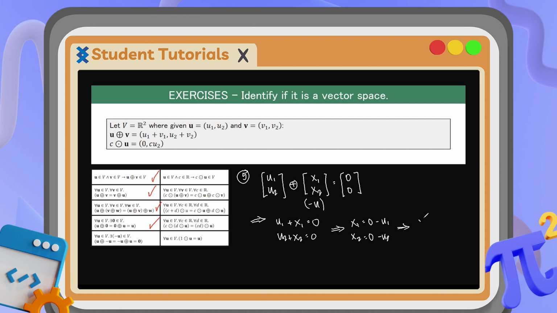Our final answer there would be negative u sub 1 and negative u sub 2, which means that a negative vector does exist, and that negative vector is defined to be negative u sub 1 and negative u sub 2. Which means we have satisfied the fifth property for vector addition.